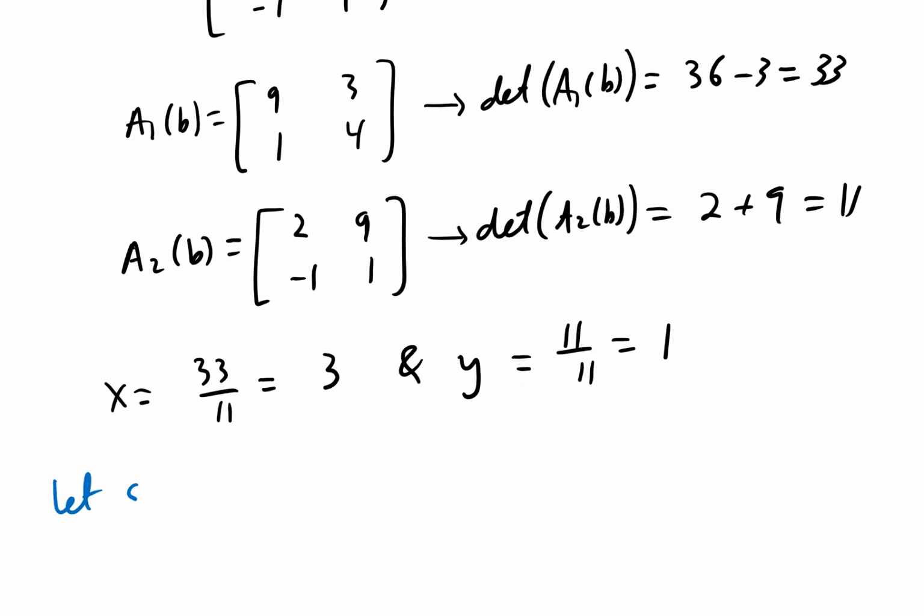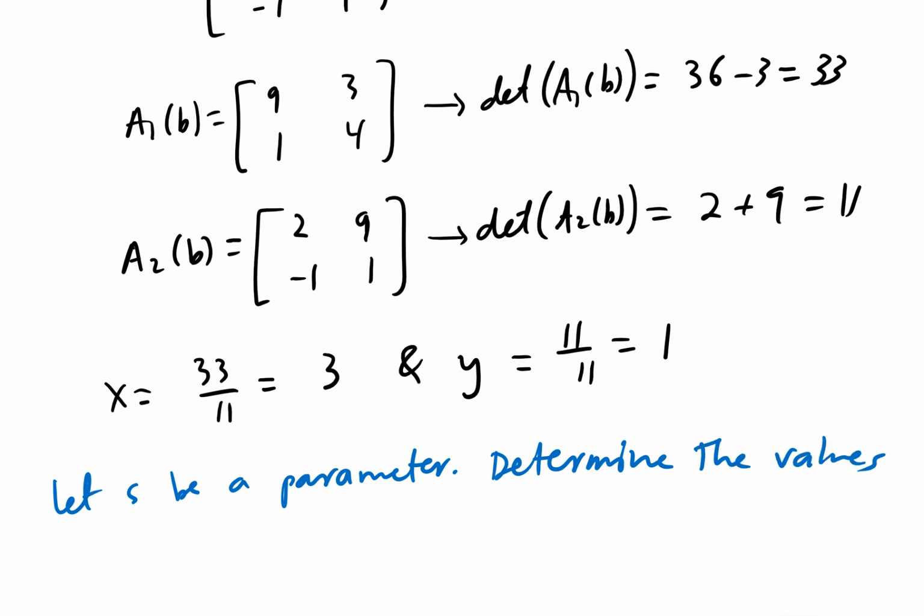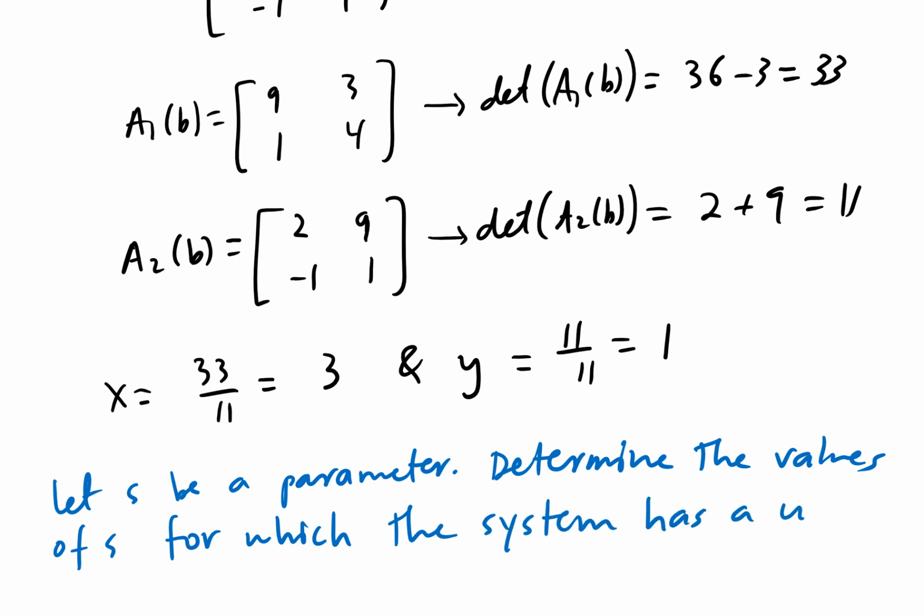Let's make it more difficult. Let s be a parameter that can take other values. Determine the values of s for which the system has a unique solution.